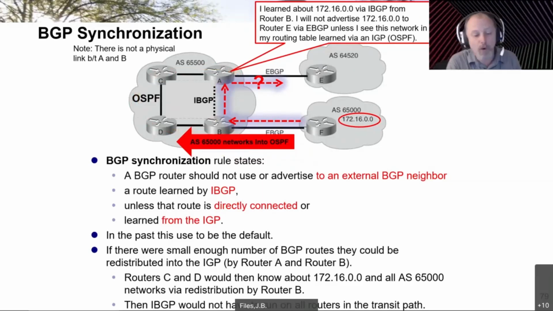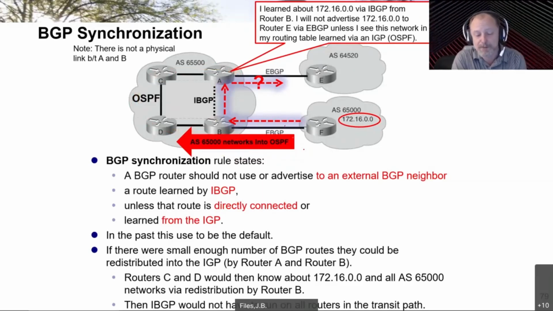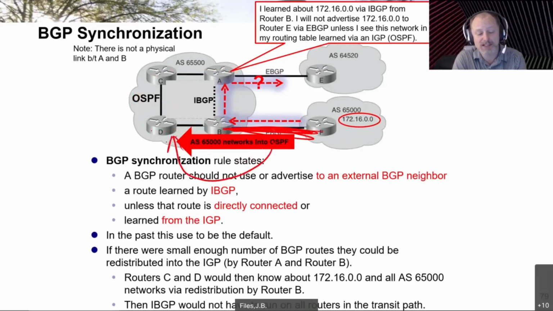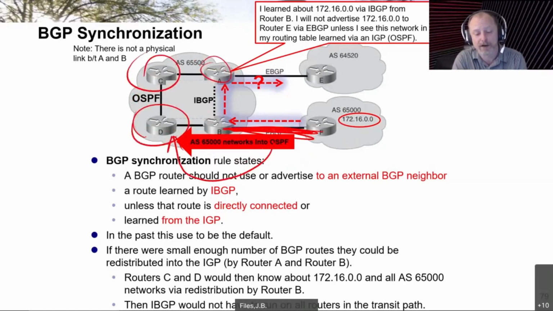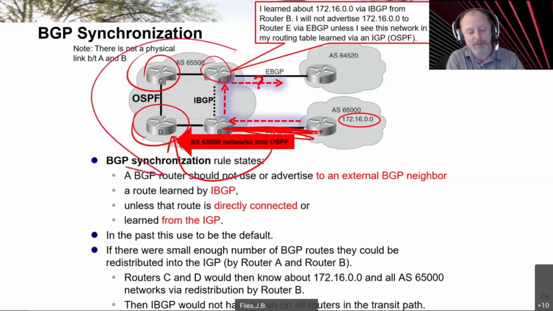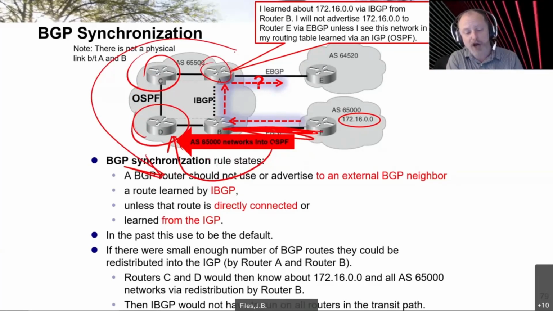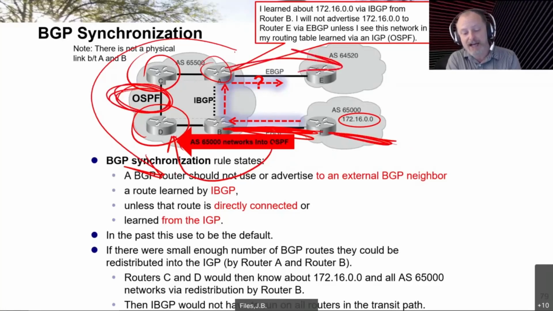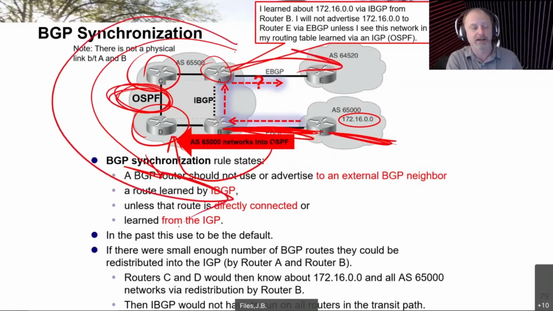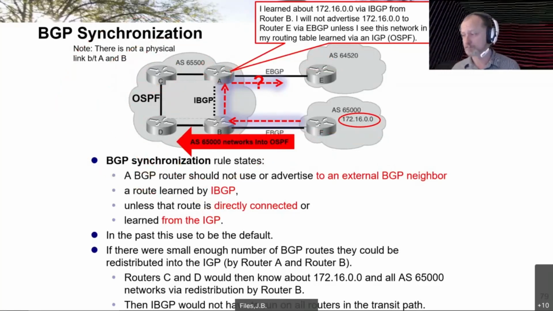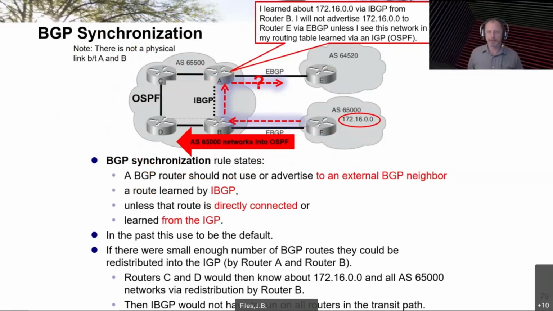Before, we just assumed we would learn about all of our eBGP routes and redistribute those into OSPF, and then all of the routers would know about it. If all the routers know about it, A knows that if it gets a packet, it'll make its way around. As long as OSPF sees that, I can advertise it out because I know my network can handle it. That's synchronization.